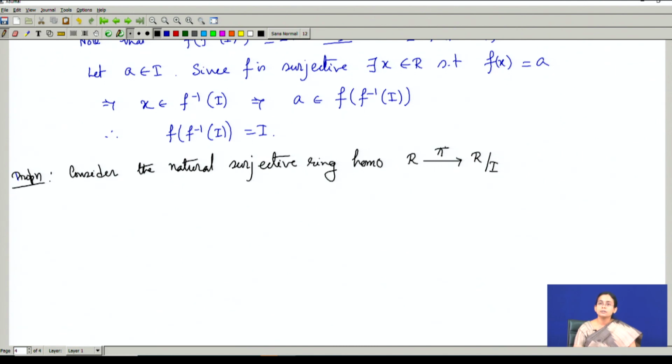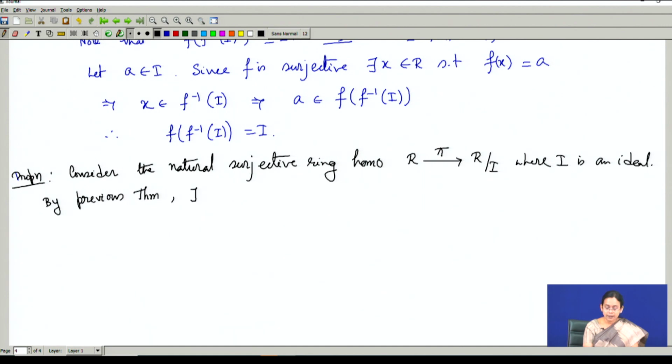That means, how the ideals of this quotient ring are related with the ideals of R. By the previous theorem, we can say that there exists a bijective correspondence between the two sets.